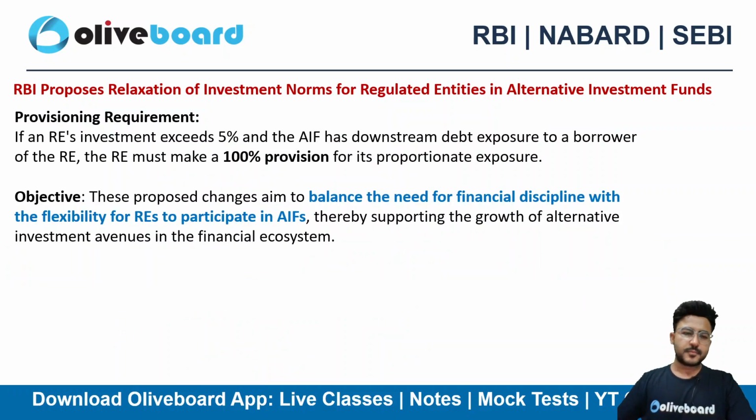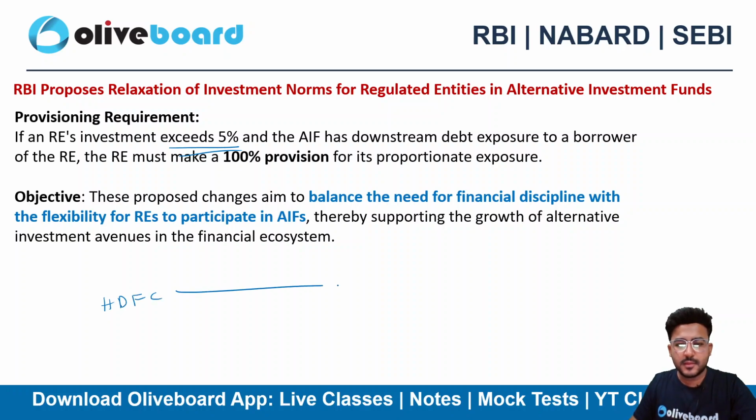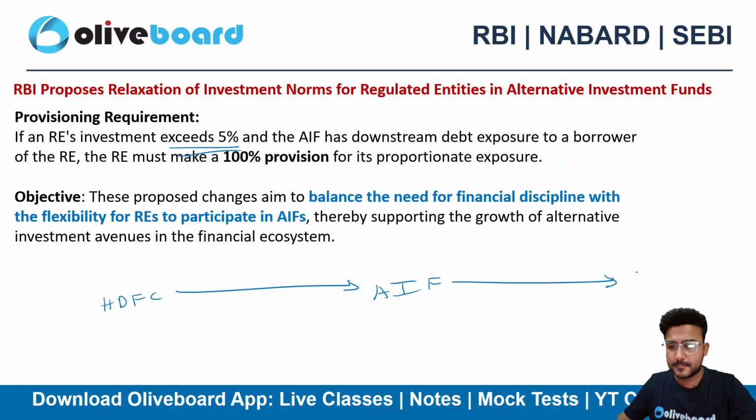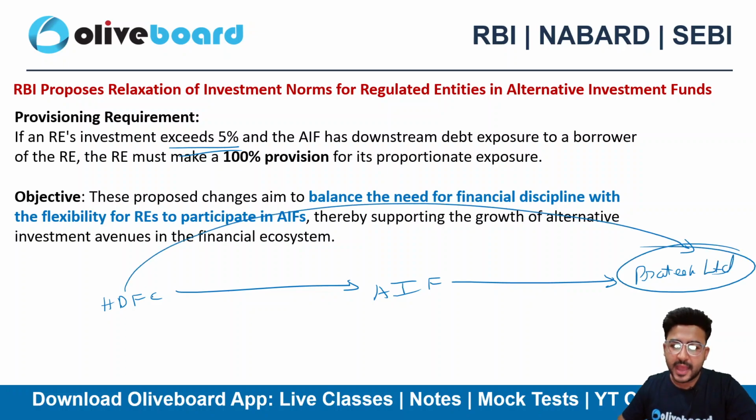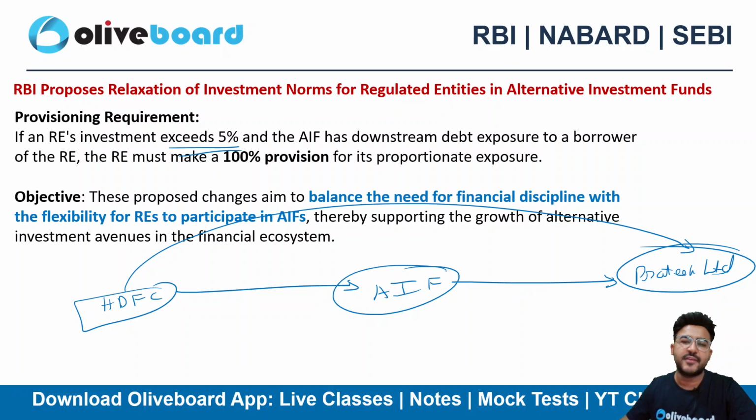However, there will be a provisioning requirement. You need to create a provision if you have exceeded that 5% limit. Let's suppose the arrangement was like this. HDFC Bank has granted me a loan, and HDFC Bank has also invested in an AIF, which in turn is again giving a loan to my company, right?